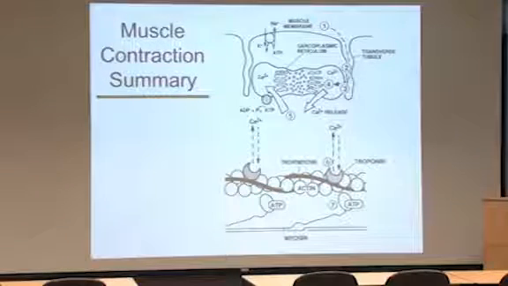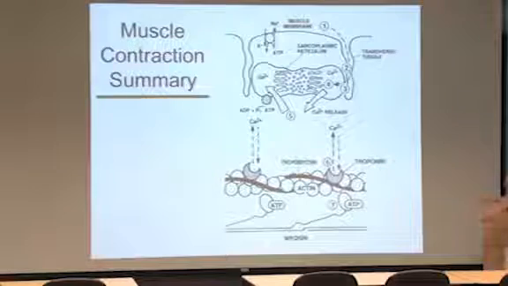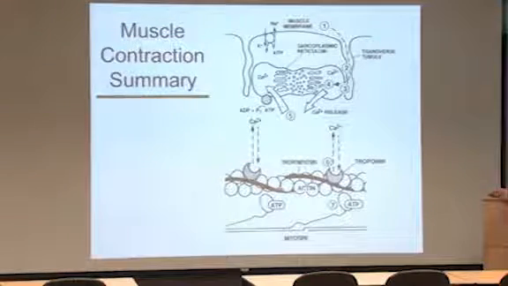Calcium is released, cytoplasmic calcium goes up, and it binds to a calcium binding protein, troponin, causing a conformational change of the troponin-tropomyosin complex, which lines the actin filament. That exposes binding sites on actin to allow the myosin heads to reach up and undergo the cross-bridge cycle, causing the actin and myosin filaments to slide past each other and the muscle to contract.